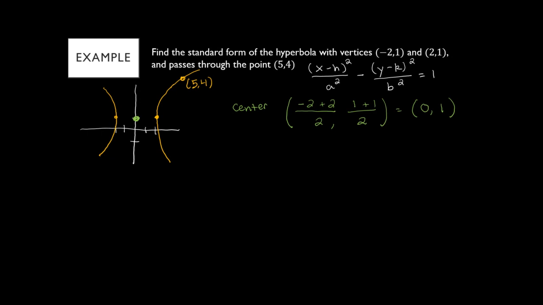And knowing that the distance from the center to the vertices gives us A, our vertex is at 2, 1 and our center is at 0, 1. So the distance between those two x values is 2. So we know that A is equal to 2.